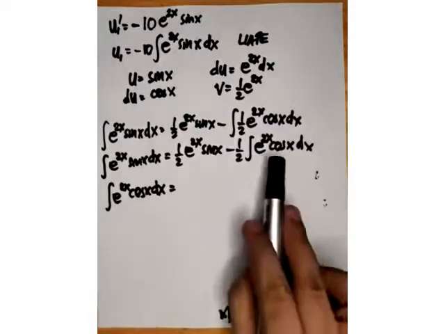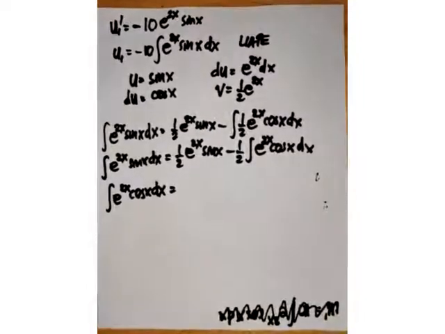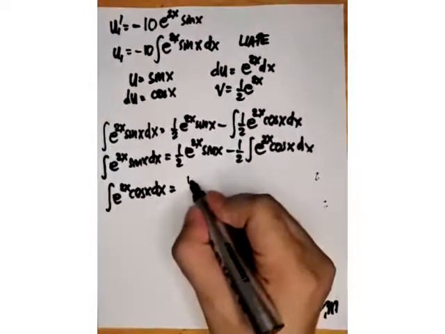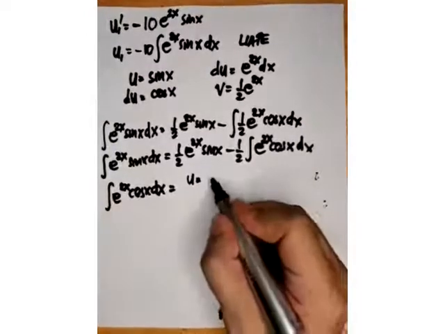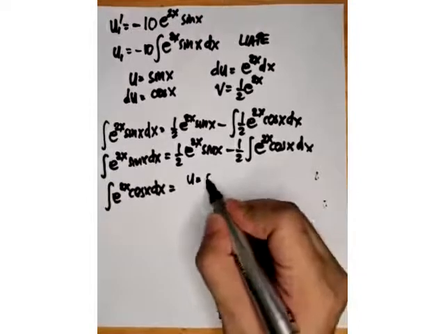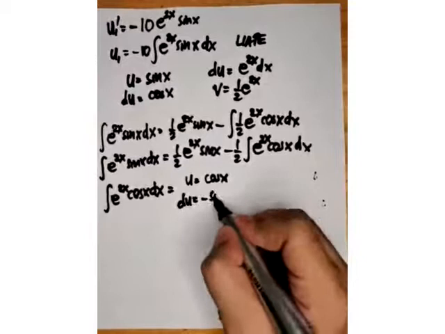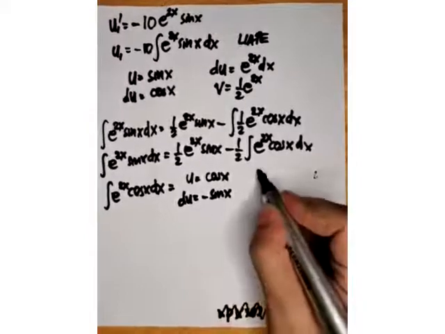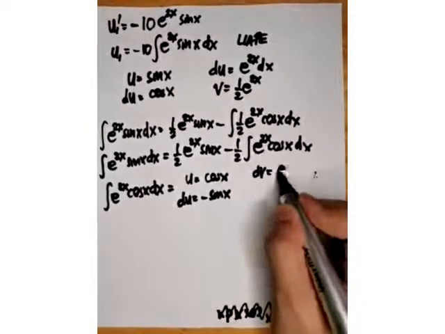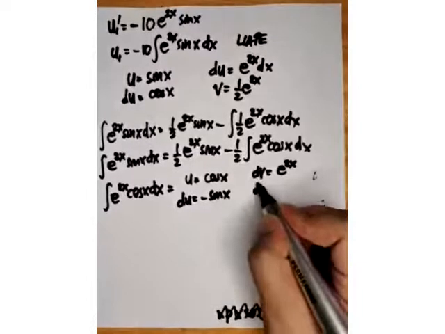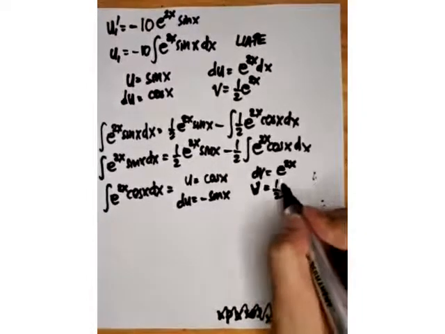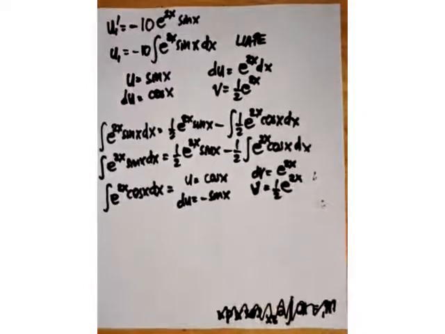Okay, this time what we integrate is this one. What will our u be? u is still the cosine, and our du is negative sine. Our dv is e raised to 2x, and our v is 1/2 e raised to 2x.